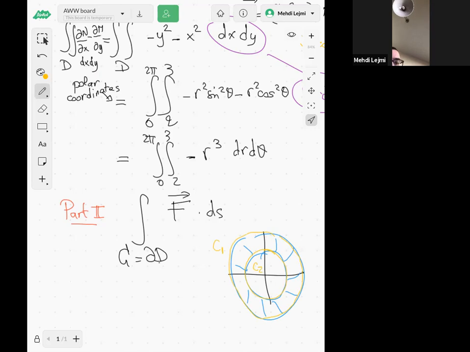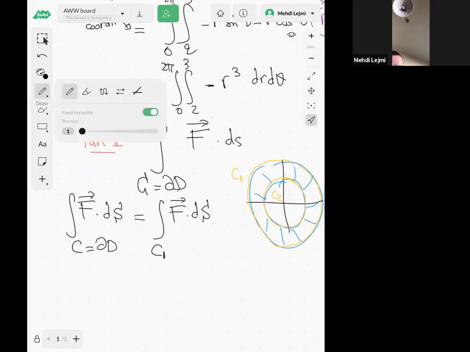So my vector line integral along the boundary is equal to the vector line integral along C1 plus the vector line integral along C2.